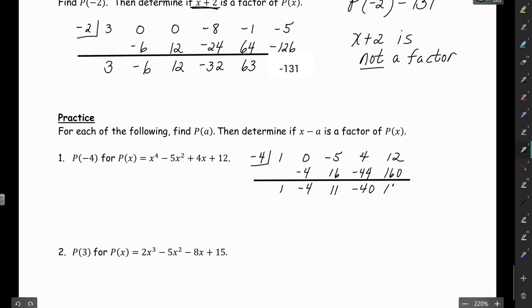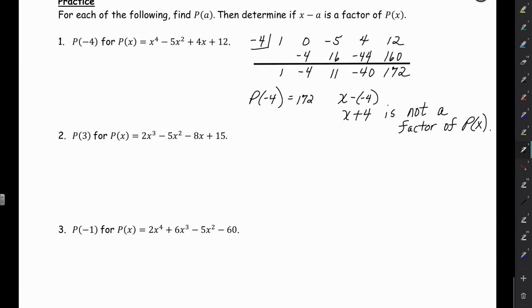And we get a remainder here of 172. So P of negative 4 is equal to 172. That means that x minus negative 4, or x plus 4, is not a factor.